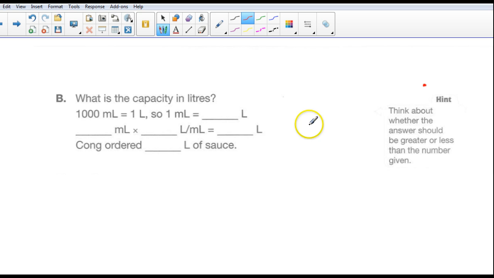So what is the capacity in liters? Well, 1,000 milliliters is equal to 1 liter, so 1 milliliter is equal to 0.001 liters.